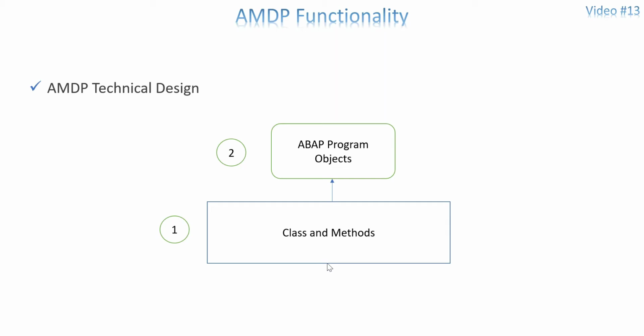You write database functions that run on your HANA database server, so it's very fast. Even if it is a simple one, try to write it in AMDP. So let me take you into the system, create a simple AMDP class and method, and call it from an ABAP program. That is today's agenda for procedures.